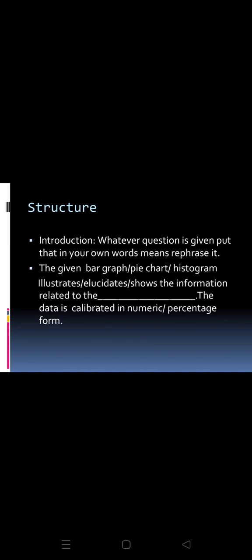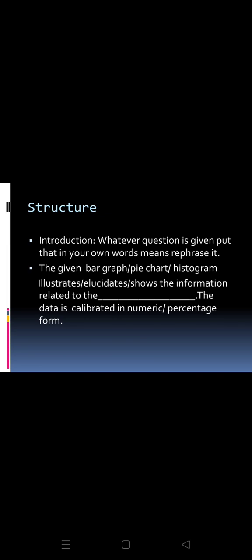The data is calibrated in numeric or percentage form. Now slash, wherever I have used slash, this means out of these you can put any of the words. So I'm providing you with vocabulary also, that the first paragraph is very simple to write. You just need to identify which kind of graph is given, whether it's a line graph, histogram, or bar graph, or pie chart, whatever, right?